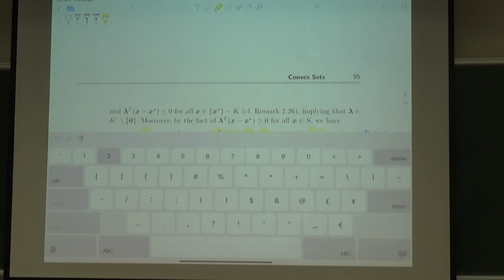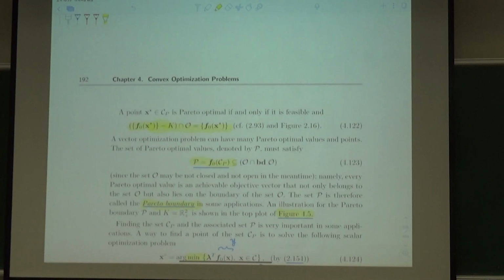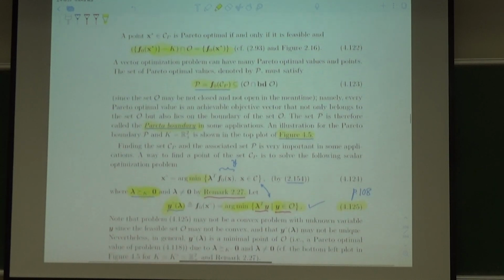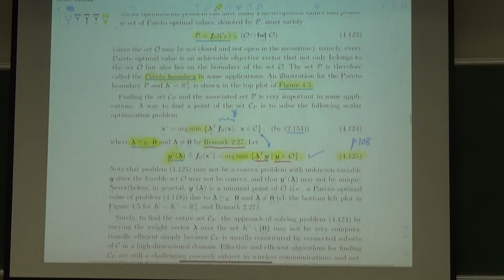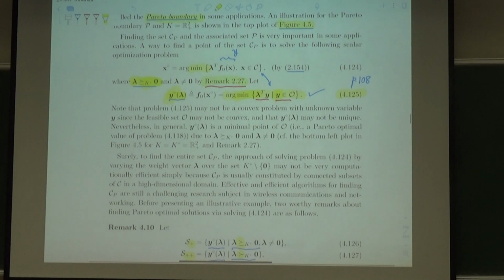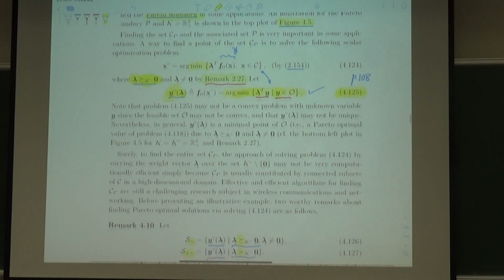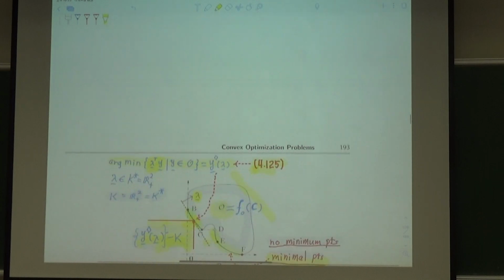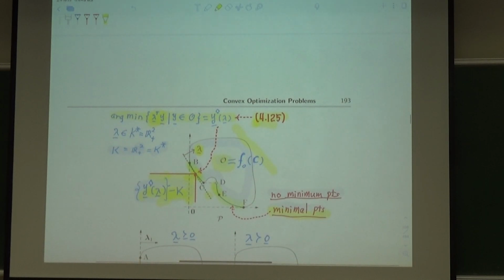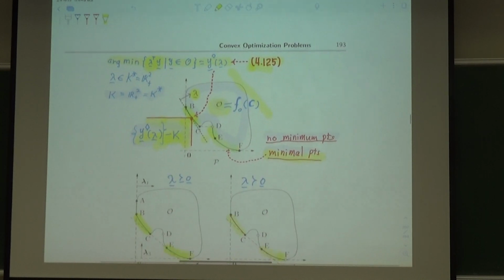206. Okay, this is the corresponding equation. Okay, lambda is here. That's the reason why we have used the equation 4.125.